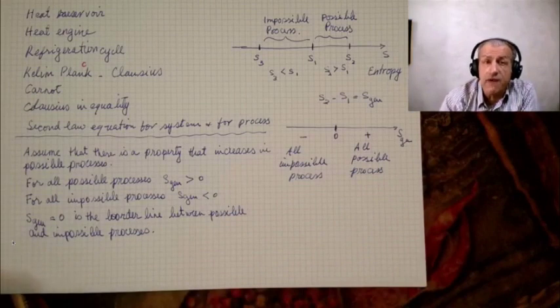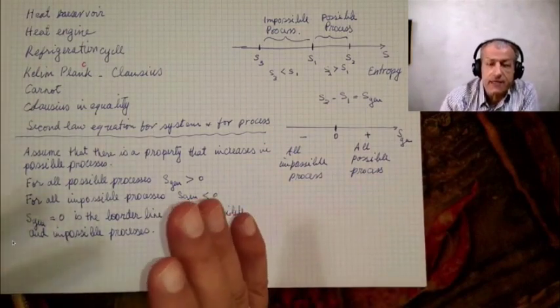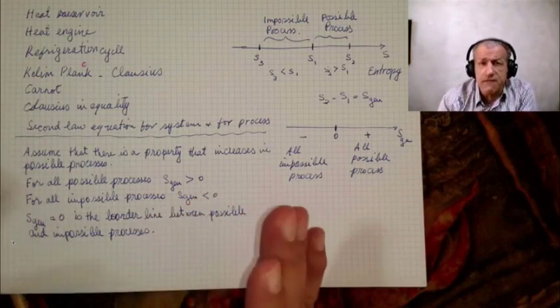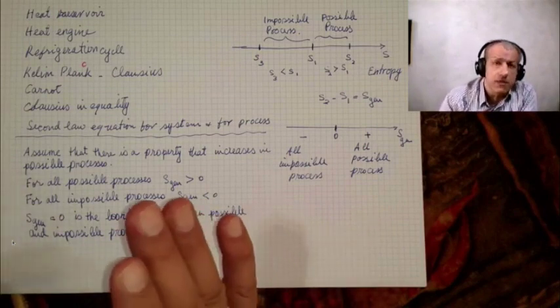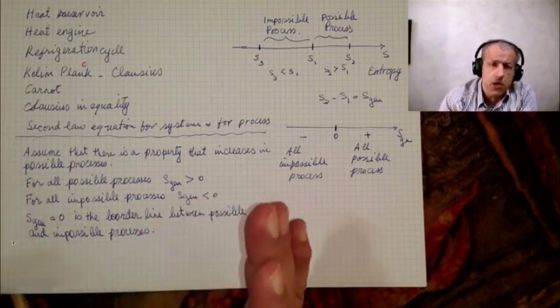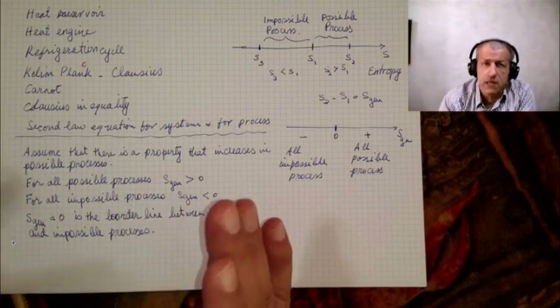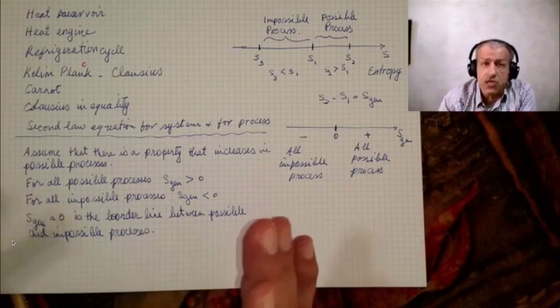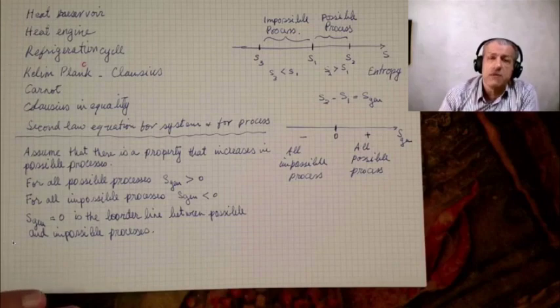This is how we define entropy. I insist that entropy does not exclusively change with the possibility or impossibility of a process. No, there are other things that could change it, but this is a property where S could change and Sgen is positive for a possible process.